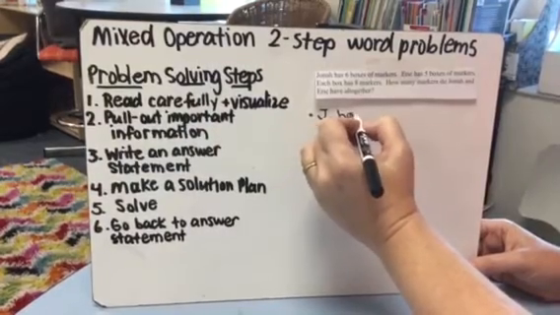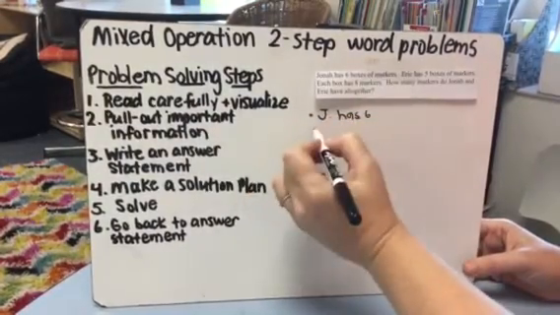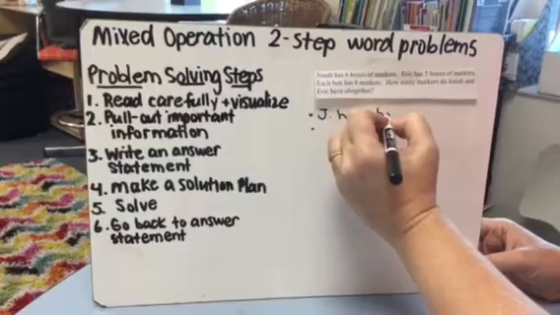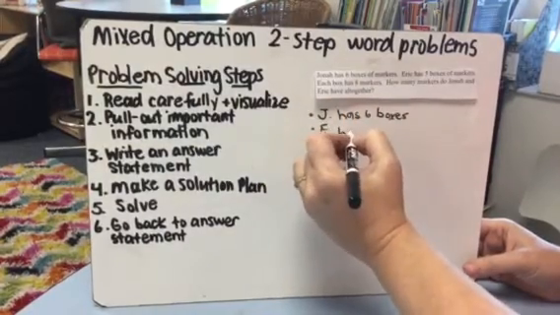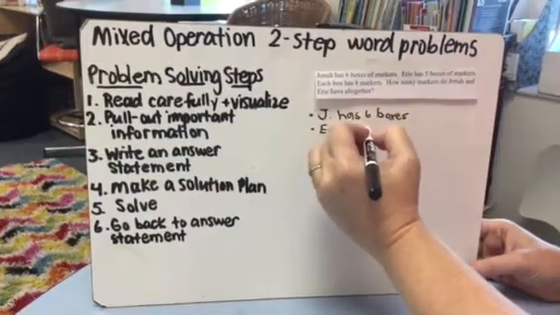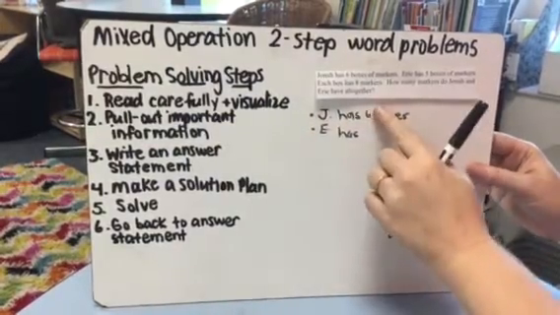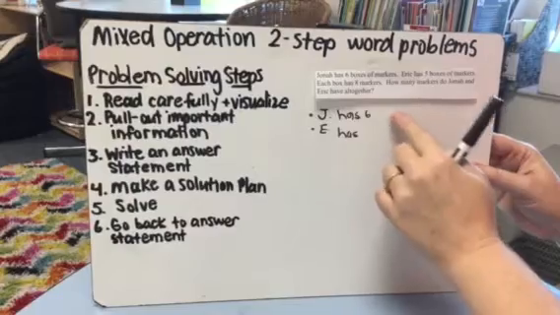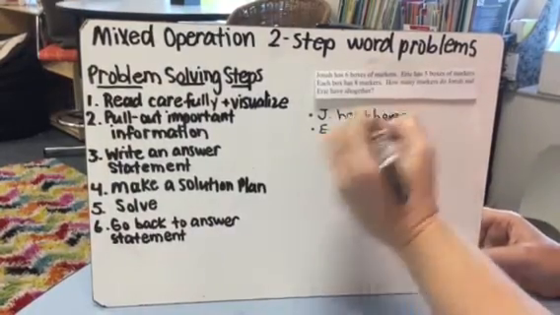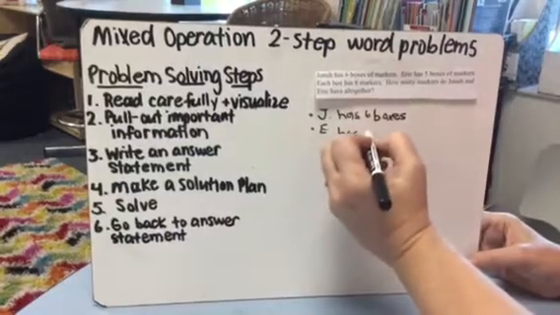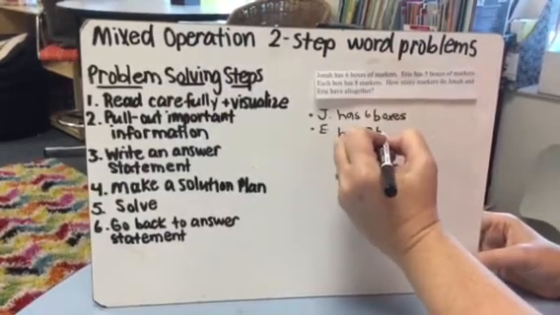Jonah has 6 boxes. E has, see, I caught myself a mistake right there. No, he has boxes. Oops, I was getting confused with boxes and markers. E has 8 boxes.